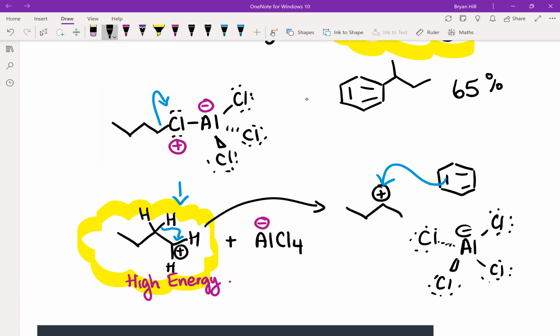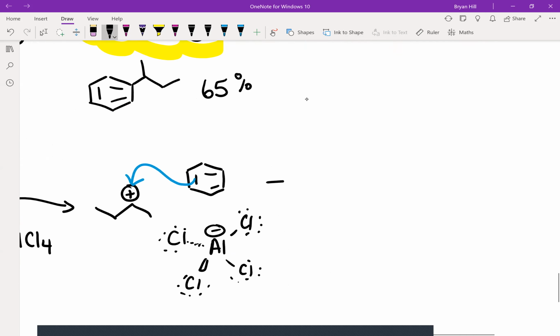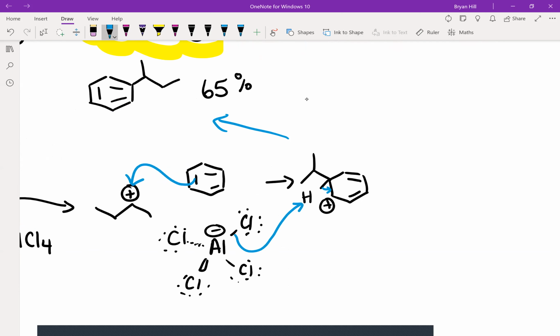So we had our intermediate. One of these chlorines can grab that, and that will give us our product.